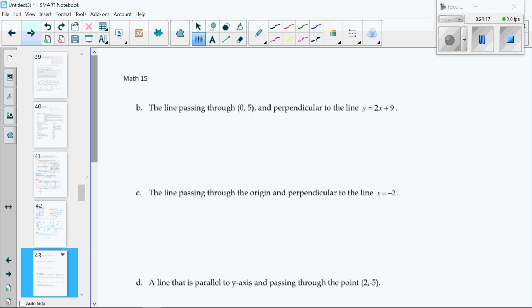All right, so the line is passing through 0, 5, and it's perpendicular to the line y equals 2x plus 9. So it's passing through this point. What do we see about this point? Well, if my x value is 0, then this is my y-intercept. So the y-intercept is 0, 5. Now, it tells me that it's perpendicular to this line.